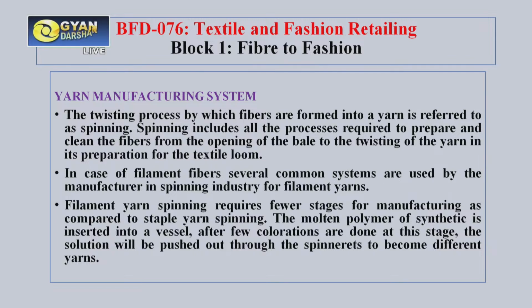It takes the raw material from the beginning process to the preparation for the loom, whether it is cotton fiber or another. In the case of filament fiber, several common systems are used by manufacturers in the spinning industry.